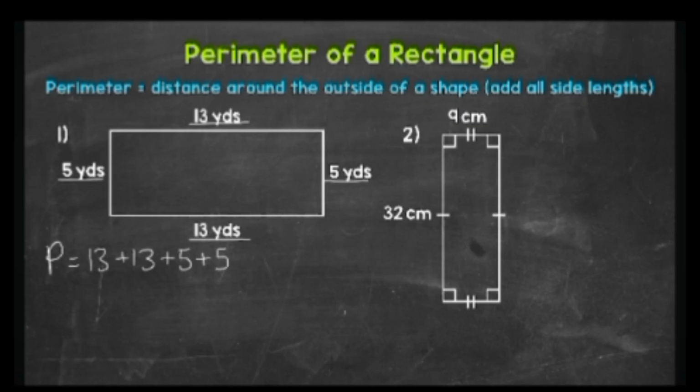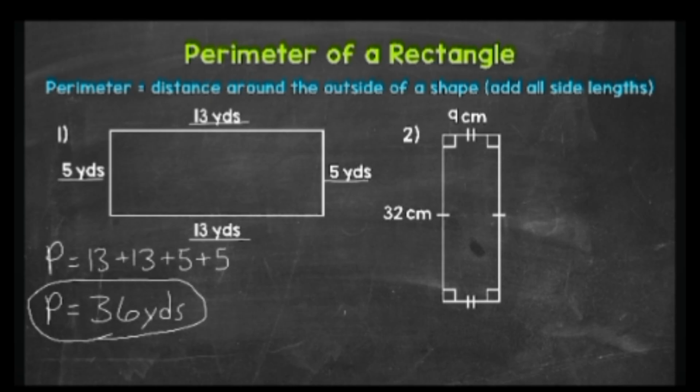We add the two similar sides first, like 13 plus 13, and then we add 5 plus 5. 13 plus 13 becomes 26. 26 plus 5 becomes 31. 31 plus 5 becomes 36.